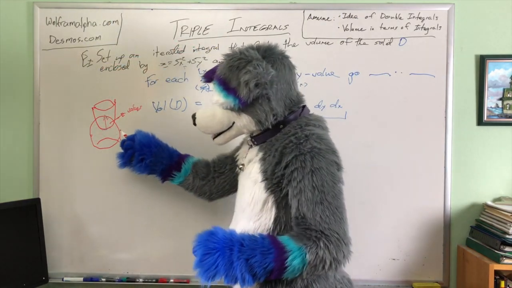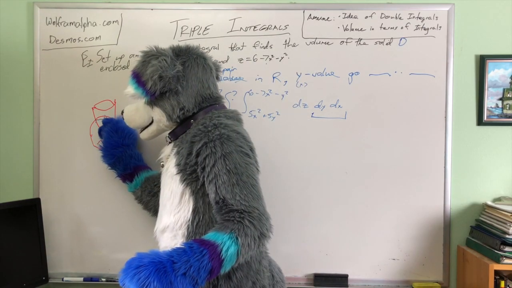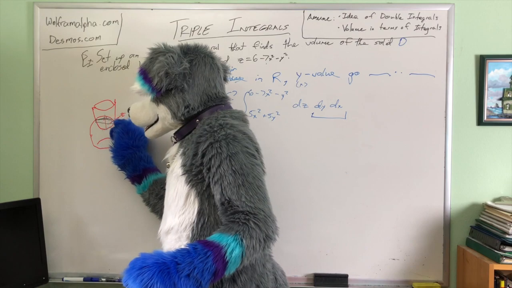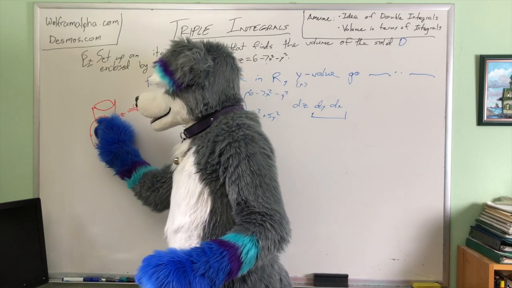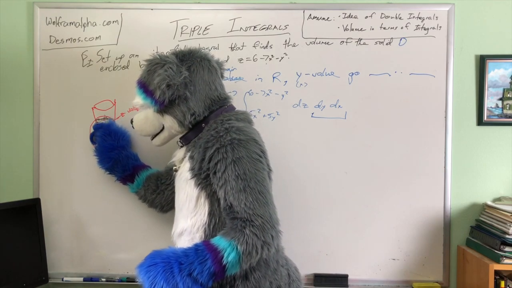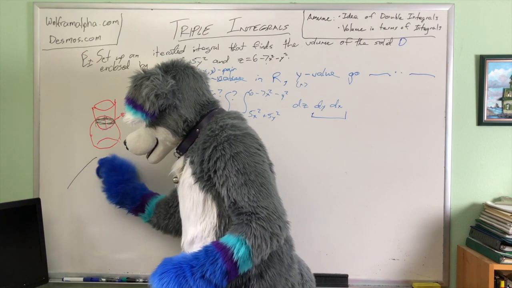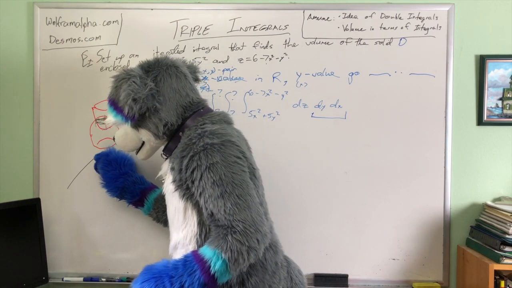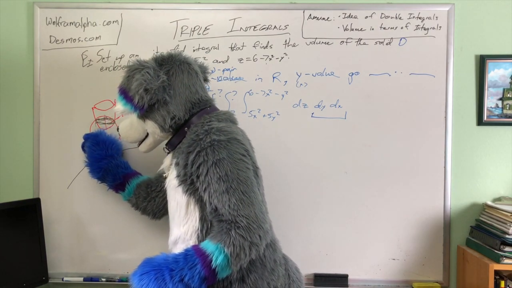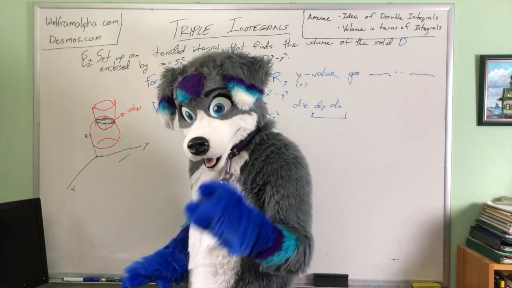If I go back here, what's the region R? Well, I've got this intersection circle of where these two paraboloids intersect. So here's the xy plane, there's the z-axis. XY plane, it's not a helicopter, it's a plane.